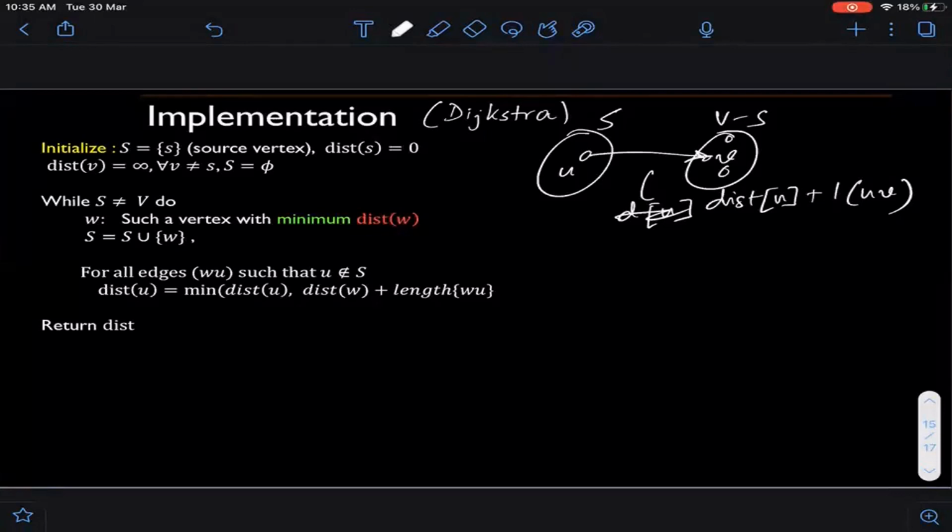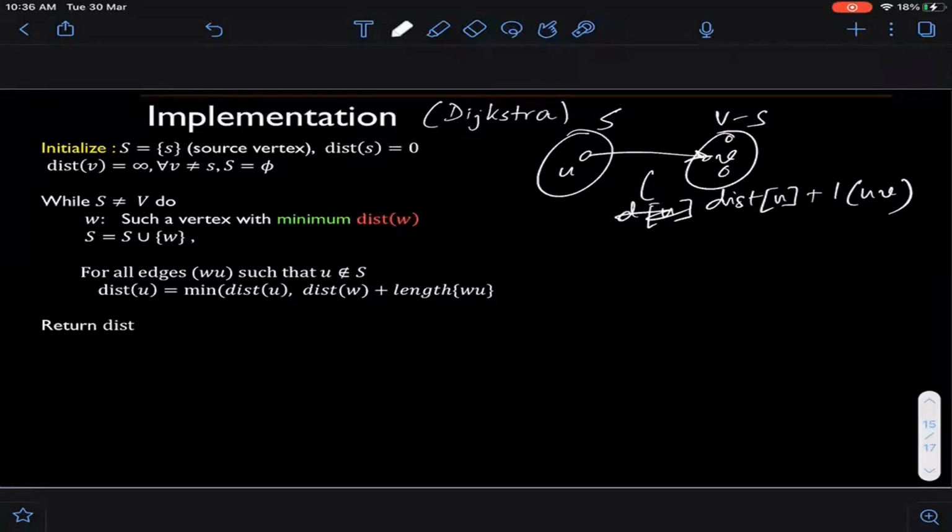Now the point is that although I'm describing the algorithm as selecting an edge and including it in the shortest path tree, or in the shortest path computation, what we really care about, remember, is how to include a vertex in my new set. So here is how we do it, in an abstract way.